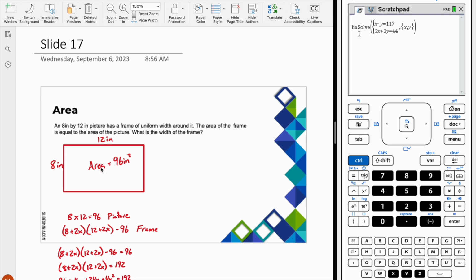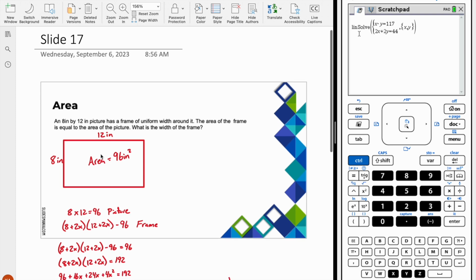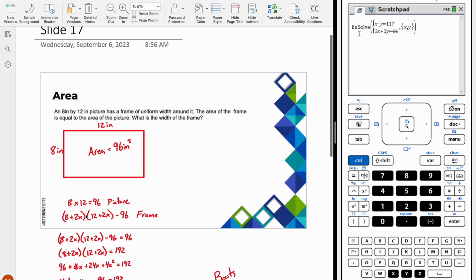We multiply our two parentheses against each other, and we FOIL. Now keep in mind, we have to subtract the 96 to figure out exactly what the size of the frame would be. We already know that the picture itself is 96, but to find the frame, it would be whatever we multiply and FOIL out minus the 96.